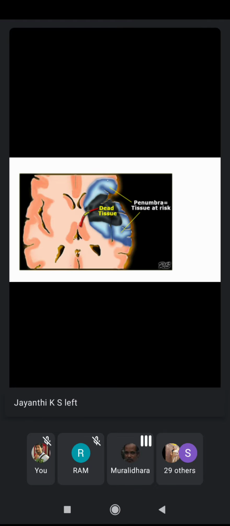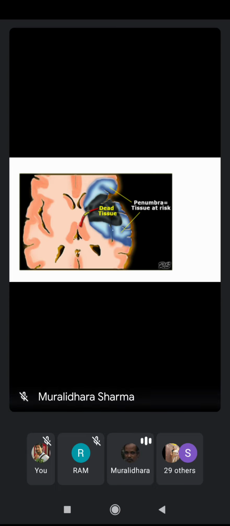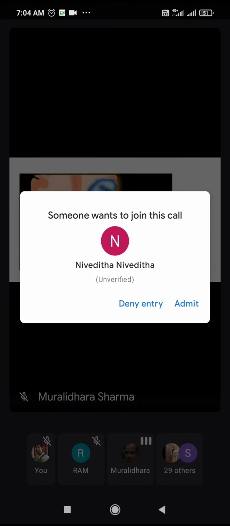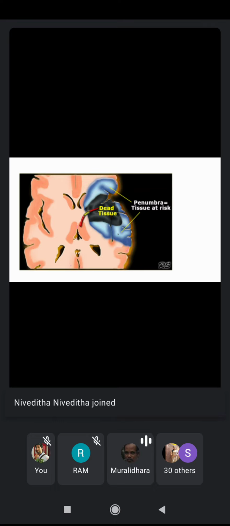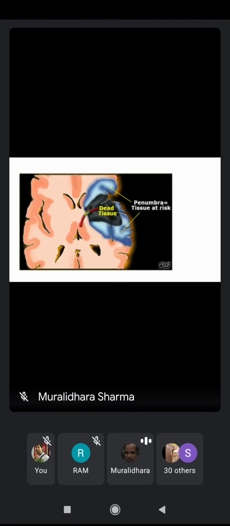But the other important critical issue is the involvement of the peripheral area, which we call the penumbra. This penumbra area, the tissue surrounding the dead area, would be having an impairment of function, and there is always a risk that these nerve tissues may get damaged, and hence the target in that condition would be to prevent the damage to the nerves. So the first target is life support to ensure that the patient is kept alive. The next target is to minimize the damage to the peripheral nerves.